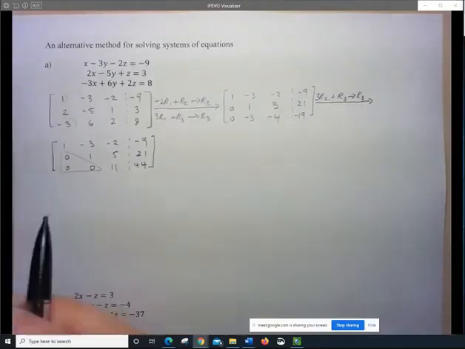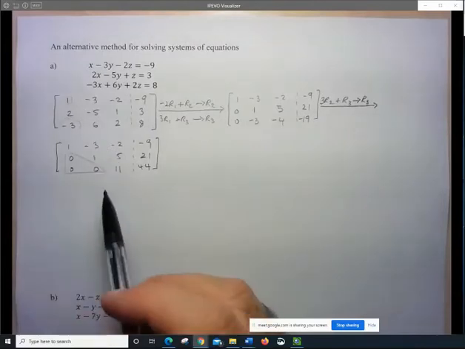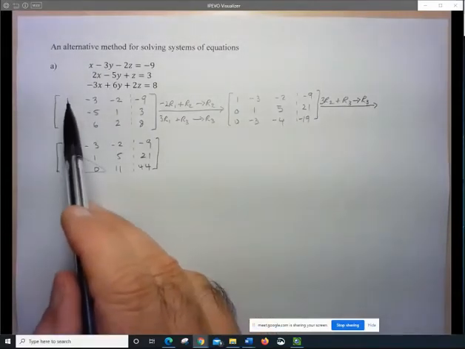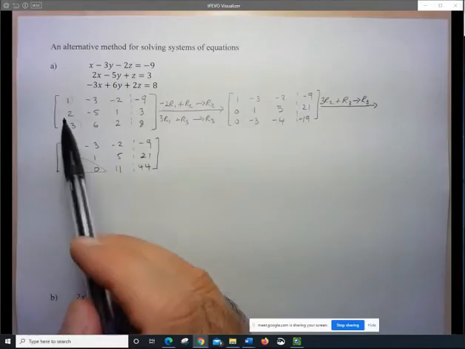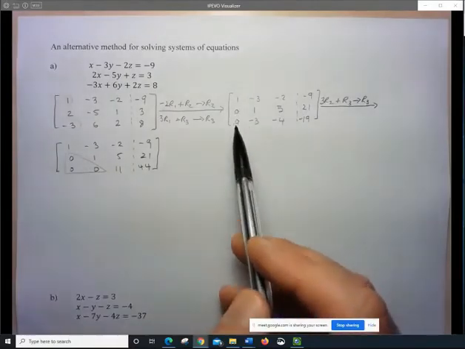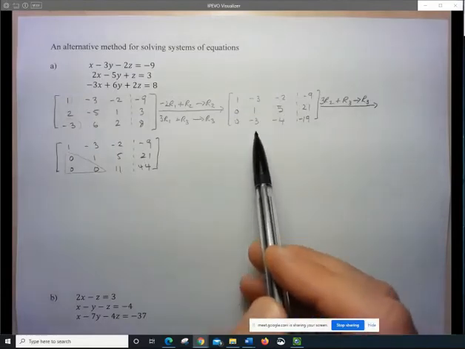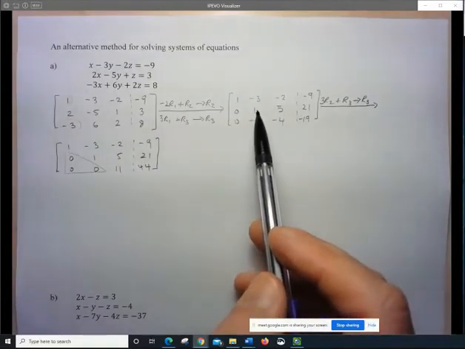So this is why when you're working with matrices, you're always going to follow the same process. I'm always going to try to get a 1 in this position, start by eliminating these two coefficients, and then once I have these two zeros here, I can use this row to eliminate that coefficient. Now here it was very nice because I had a 1.